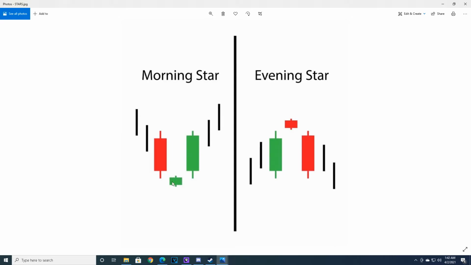But it's going to be a very tight indecision candle followed by a buying candle that is nearly the same size as the sell prior, and vice versa the other way. Morning star when your star happens at the bottom, evening star when your star happens at the top.